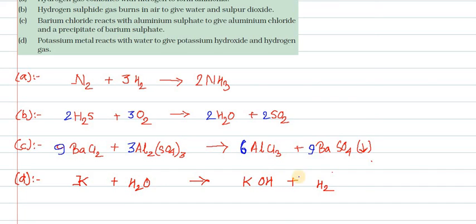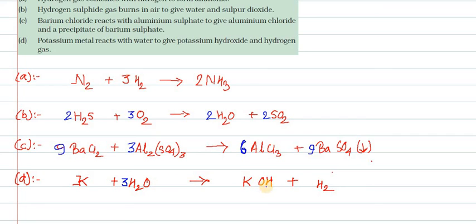There are 3 hydrogen on the right hand side and 2 hydrogen on the left hand side. So we have to take the LCM of these two. LCM of 2 and 3 is nothing but 6. So we have to make 6 hydrogen on the left hand side. So we multiply it with 3, so it becomes 3H2O. So we have to multiply 6 here. So we multiply again.